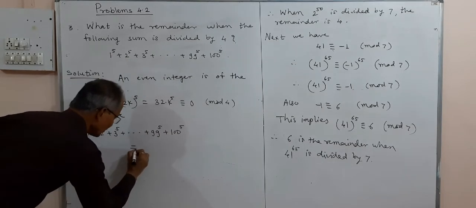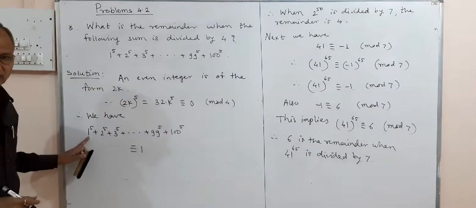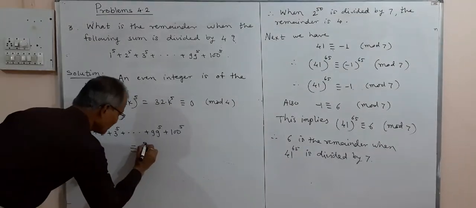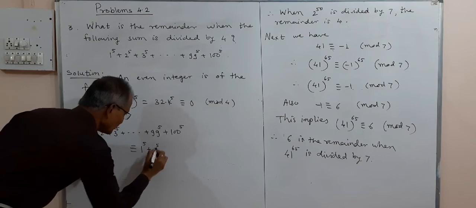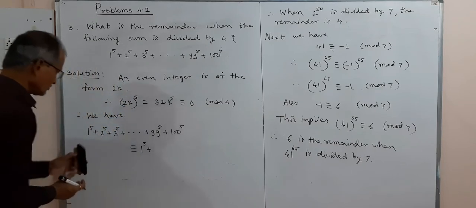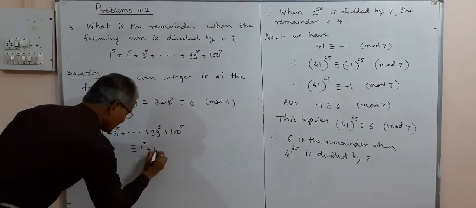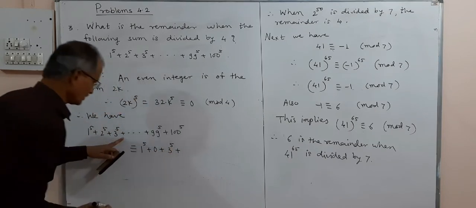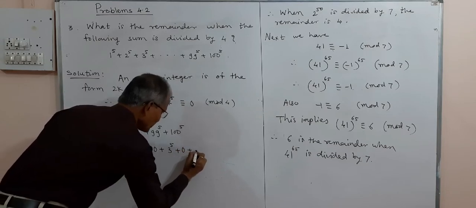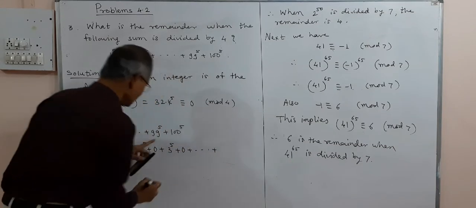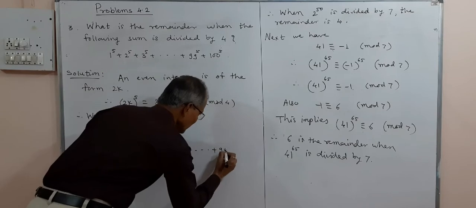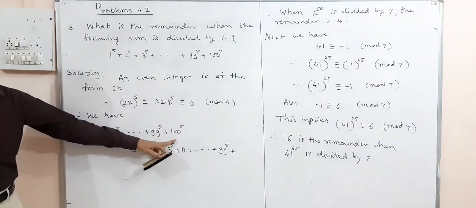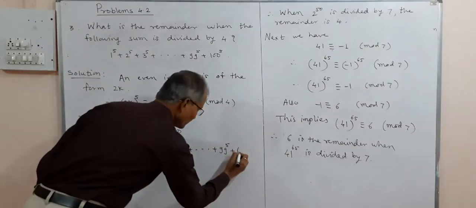Now this is congruent. Odd integers will remain the same, and therefore 1 to the power 5 plus 3 to the power 5, or we may write 2 to the power 5 becomes 0 plus 3 to the power 5. Next, even it is, that is 0, and so on, plus this is odd, so it remains as it is, and this is even, last 100 is even, so therefore it is congruent to 0.